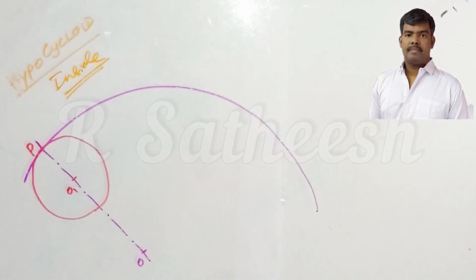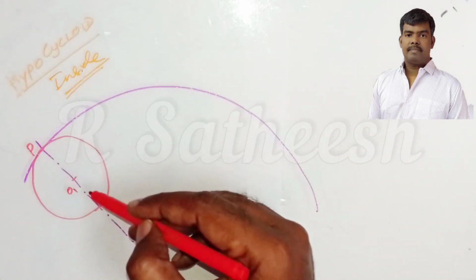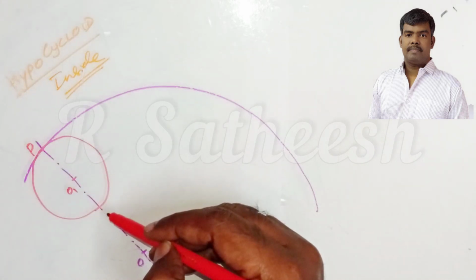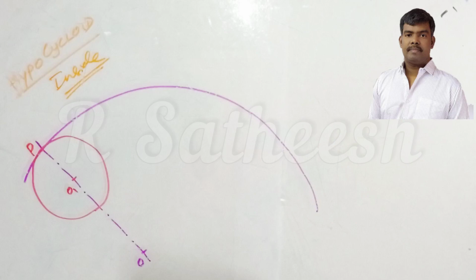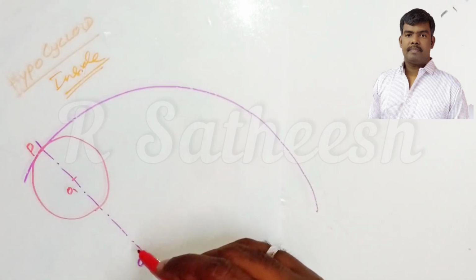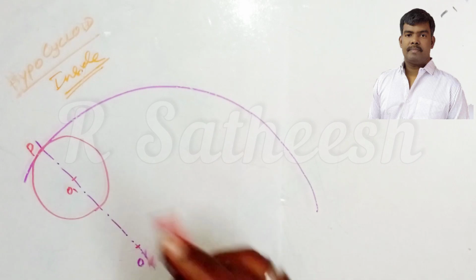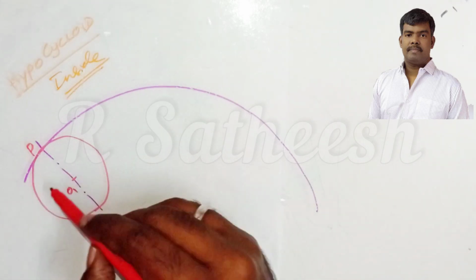40 mm radius means diameter 80. We know that. Clear? Right. And next, that's the rolling wheel.